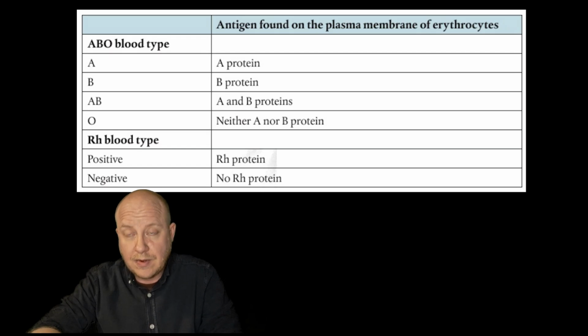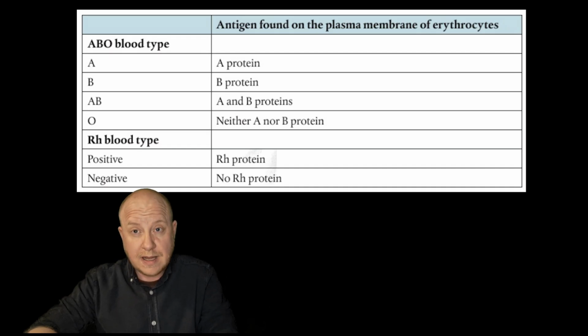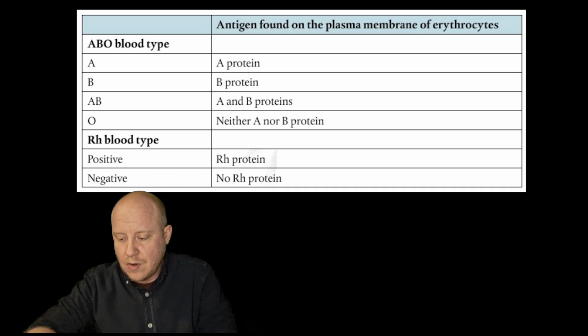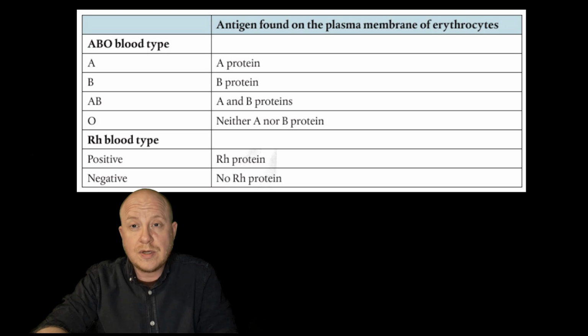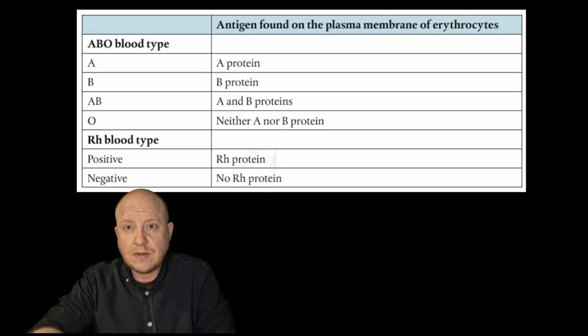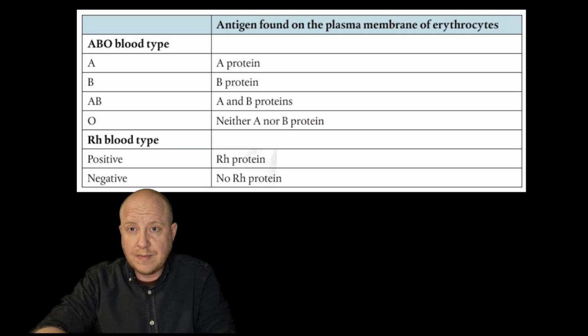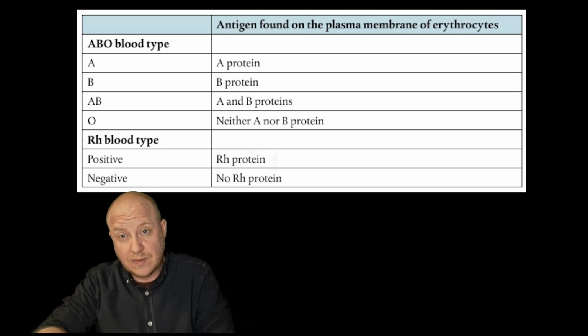In this example, AB represents the ABO type, and the little plus sign, the positive, represents the RH type or the rhesus type. So those are two different antigens. There's the antigen that can come in the A or the B form, or the O form, which is not at all, and the rhesus antigen, which either you have or you don't, positive or negative.